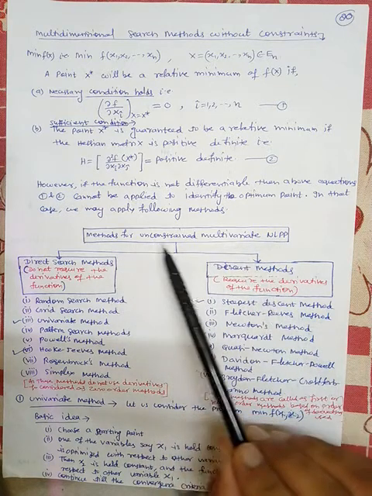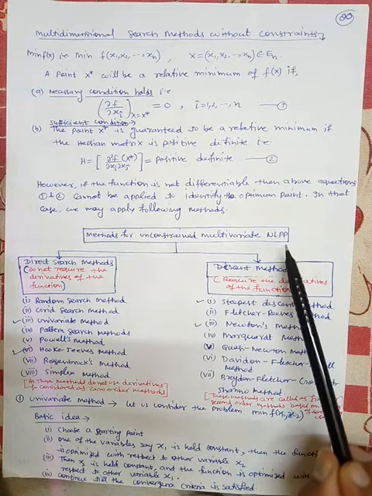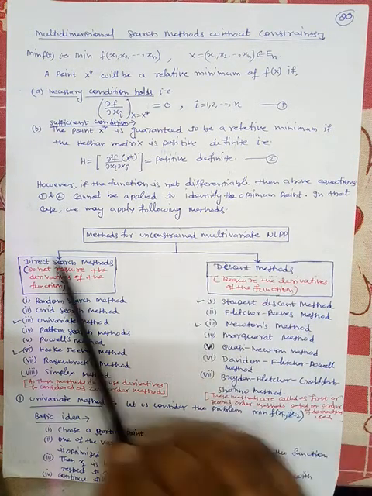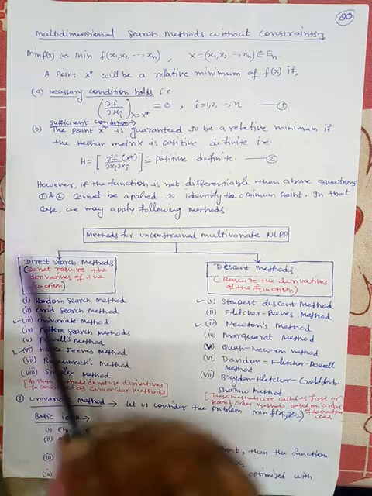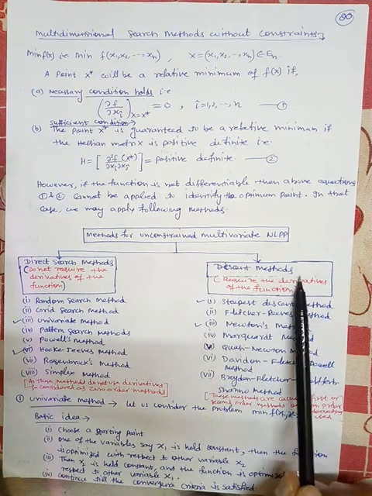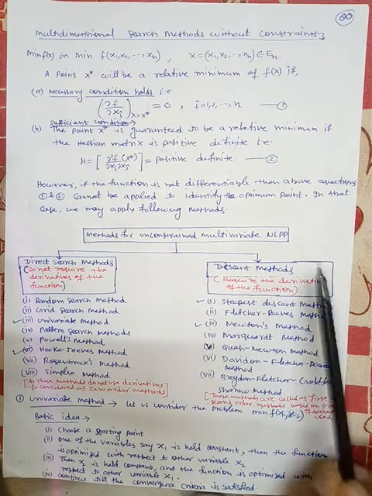So, methods for unconstrained multivariable NLPP. We can divide the methods into two parts. One is the direct search methods, another one is the descent methods, or indirect methods.